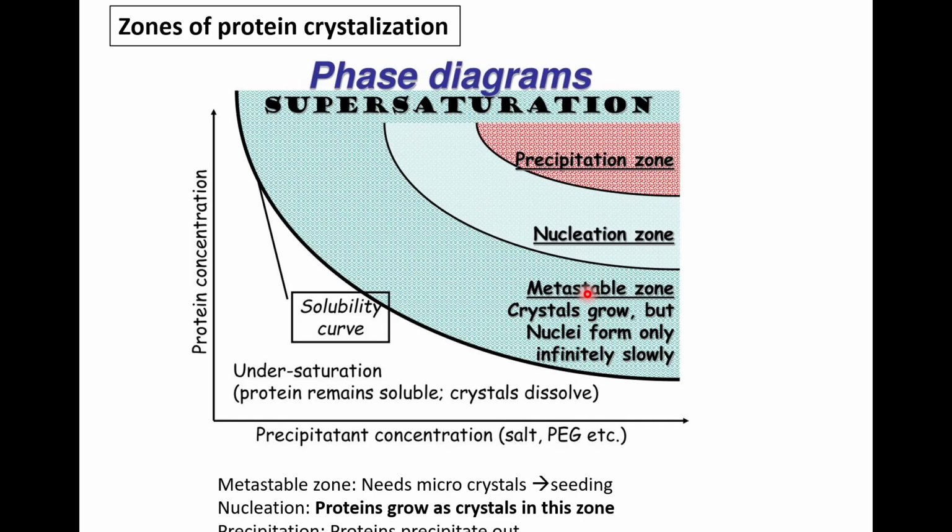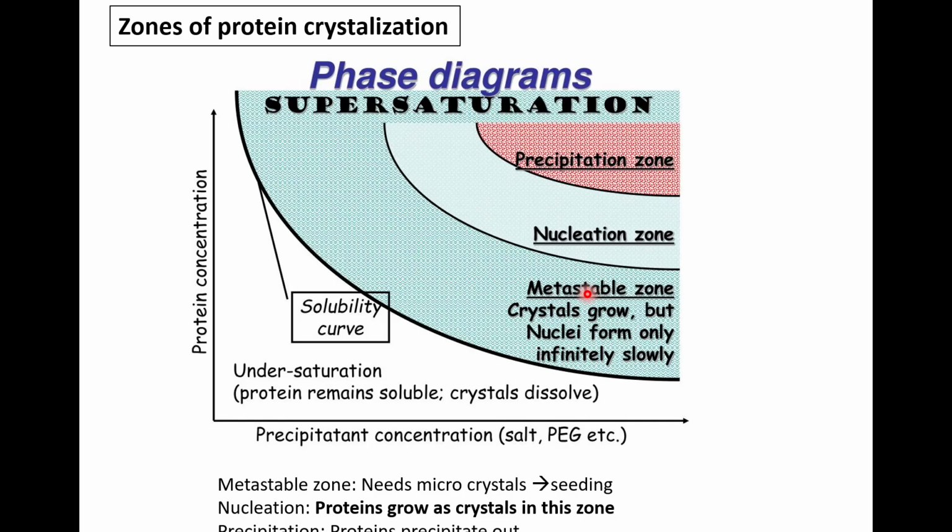So your protein crystals will actually be formed with the help of those microcrystals. That is known as seeding. Sometimes we can seed at that particular concentration of precipitant with certain microcrystals, which will help your protein crystals of interest to grow.